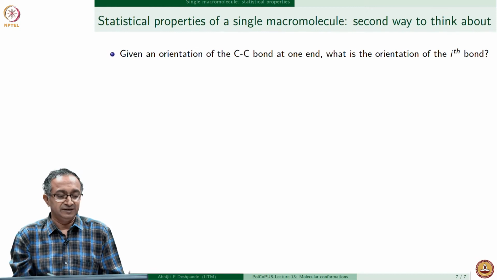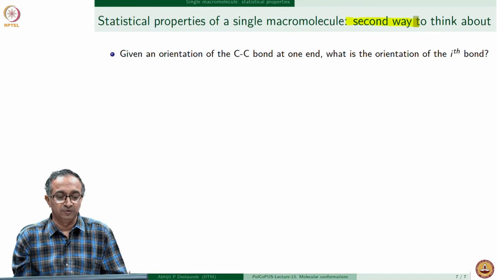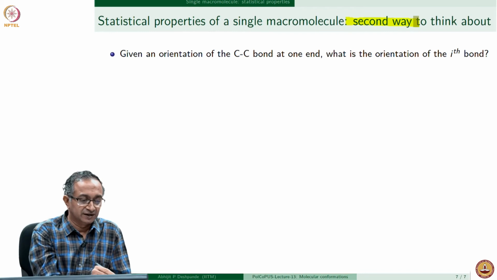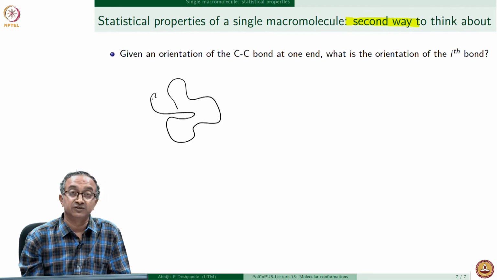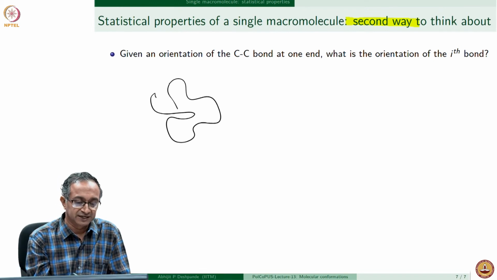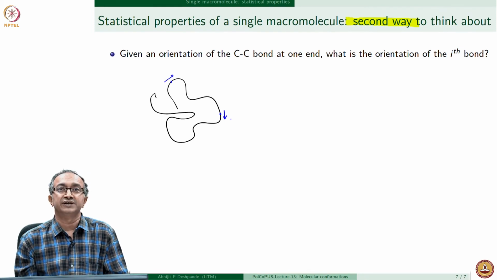Now the second way we can think of the property of a single macromolecule is in terms of orientation correlation. What we are seeking here is, if I draw a random conformation of a macromolecule and take any 2 points on it, how are the orientations related to each other?